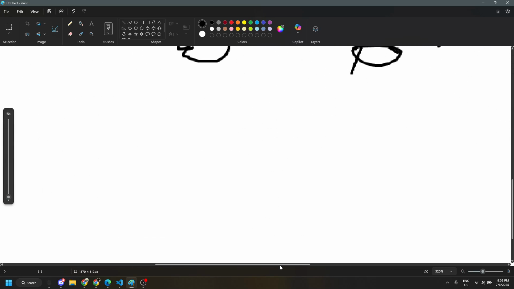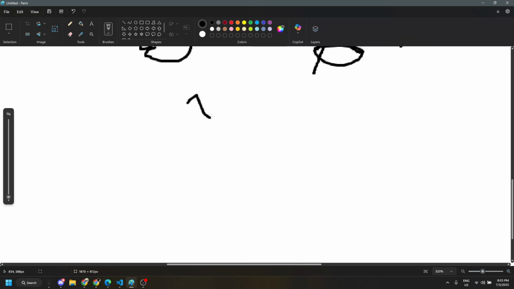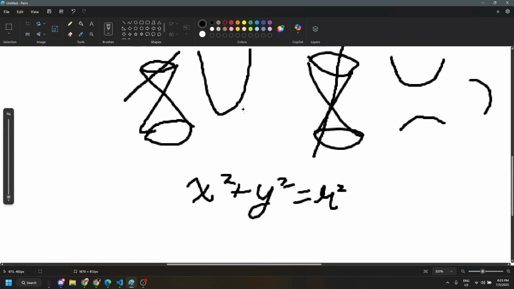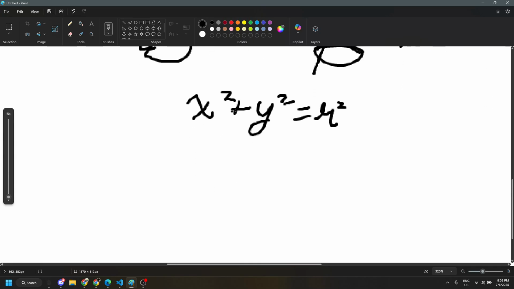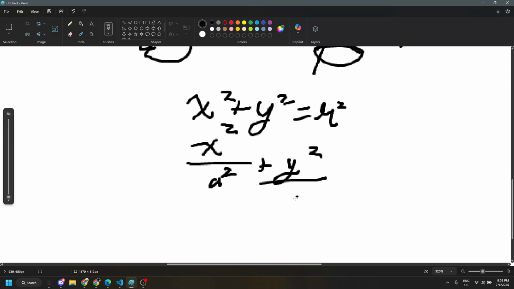A circle is always x squared plus y squared equals r squared, and here we're assuming that it's centered at the origin. An ellipse is the same thing, but you can multiply these by any number. So generally we do x squared over a squared plus y squared over b squared equals 1.